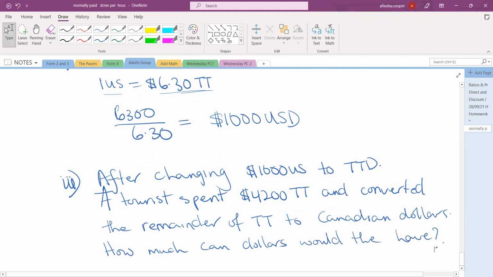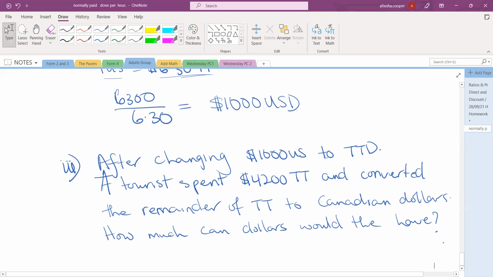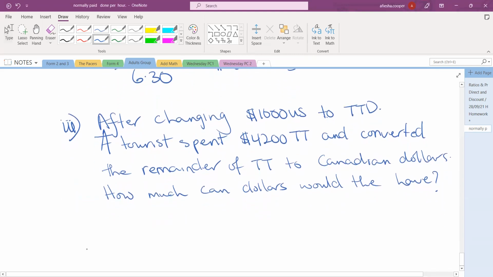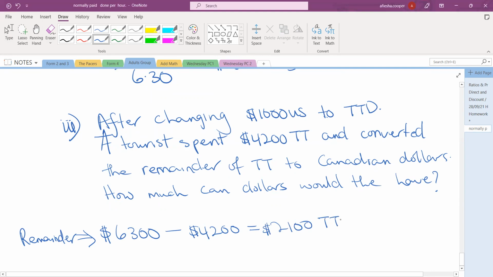So now we had 6,300 TT. So the remainder will be when you subtract them, right? So you have to subtract the 4,200 because they spent that. So the remainder will be $2,100 TT.